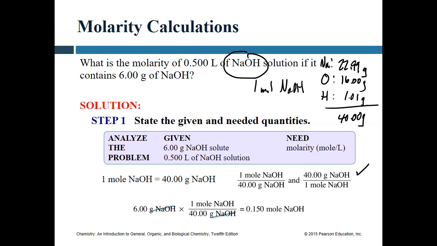So the first step would be to figure out how many moles there are. So I got to turn that 6 grams into moles. And so we got to go back to a skill that we have largely abandoned the past couple of months, which is this unit conversion proportionality skill.